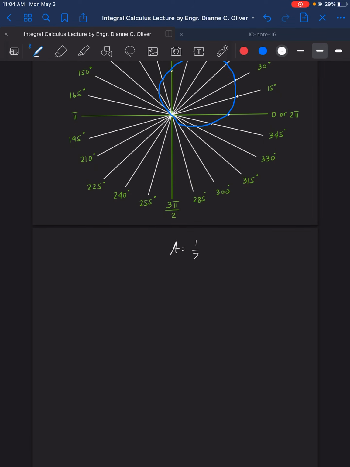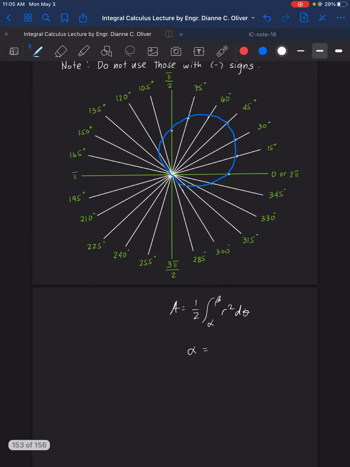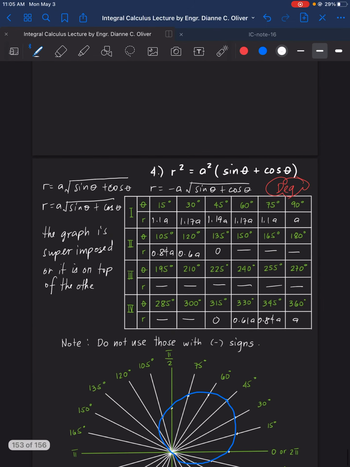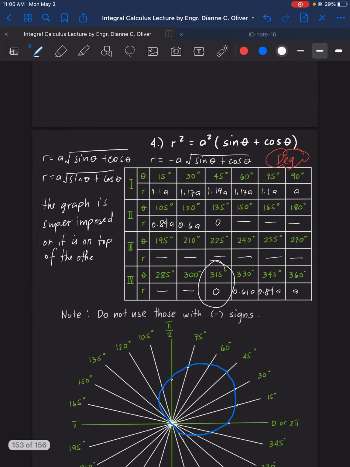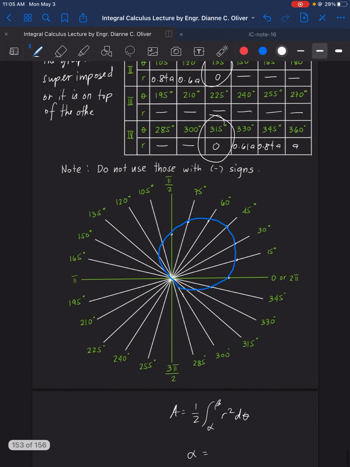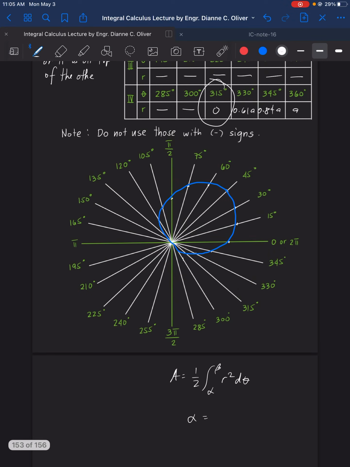Area is equal to 1/2 integral of r squared d theta from alpha to beta. Now our alpha, so let's solve this as starting at 315, ending at 135.